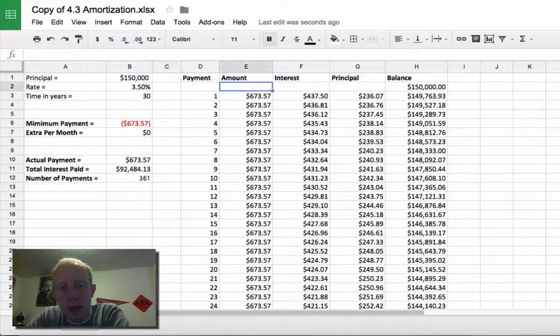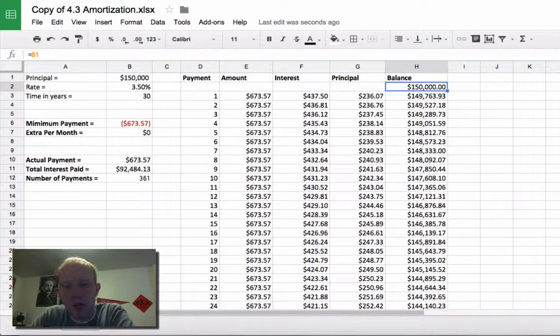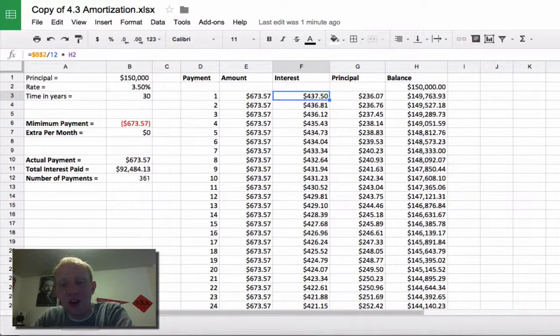Then over here, it shows us for every single payment that we make, how much is going towards principal and how much is going towards interest. So after our first monthly payment, we pay that $673.57. $437 is going towards interest, and only $236 is going towards principal.